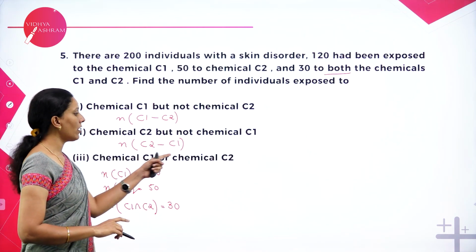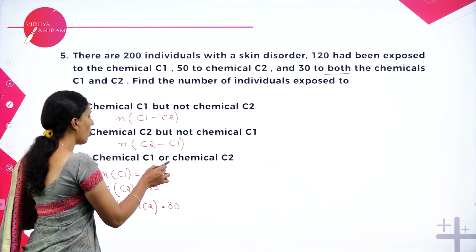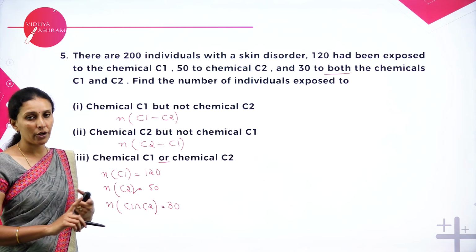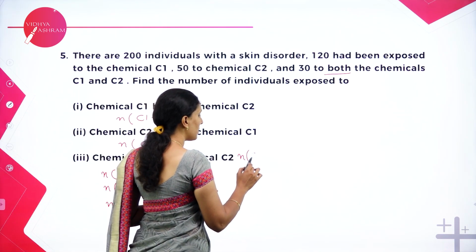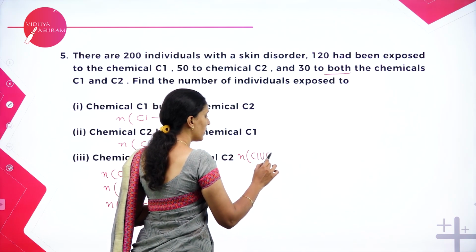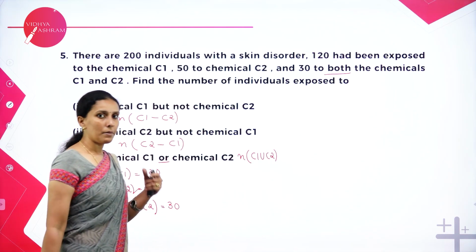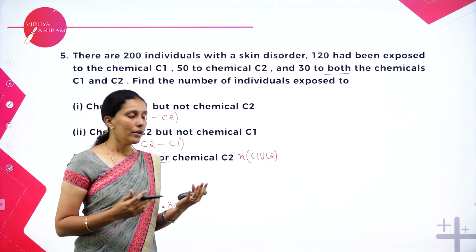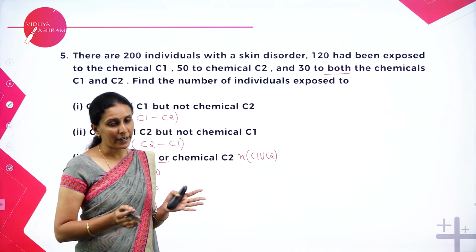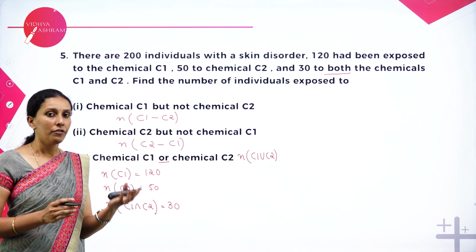And chemical C1 or chemical C2: "or" always represents the union of the two sets. So here we need to find the number of people exposed to chemical C1 or chemical C2. This we can find with the help of a Venn diagram as well as the formula method.